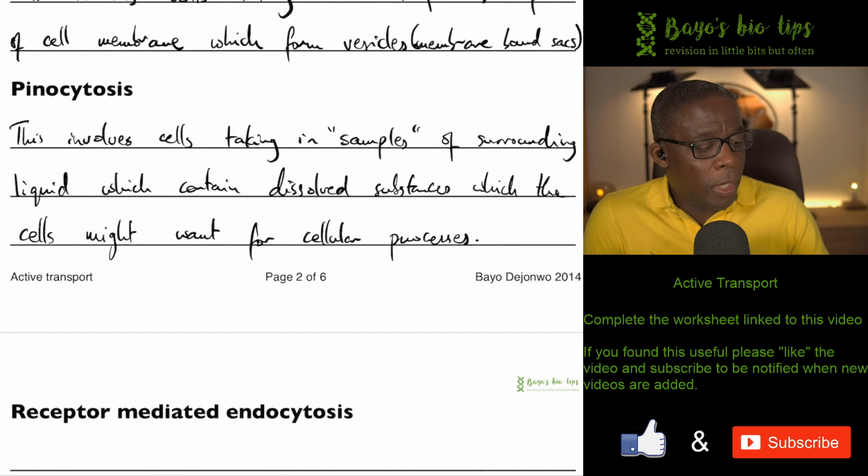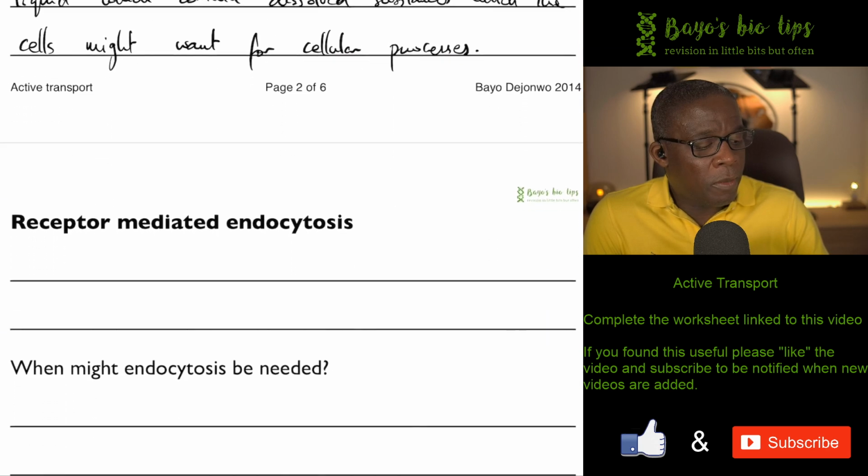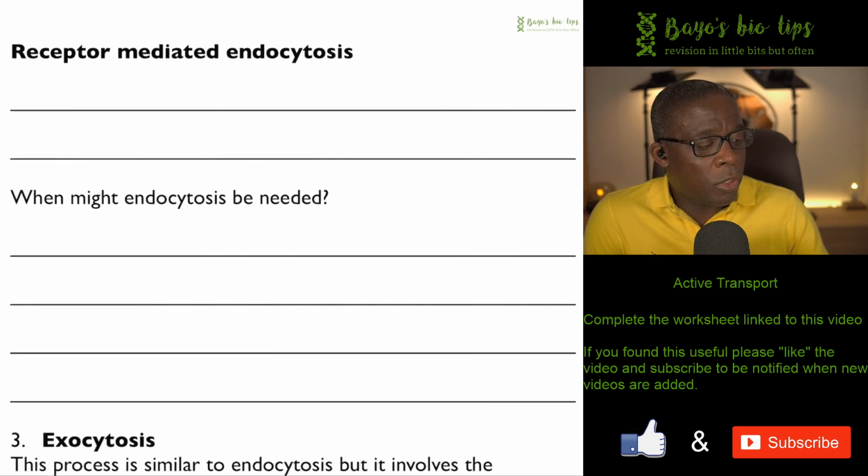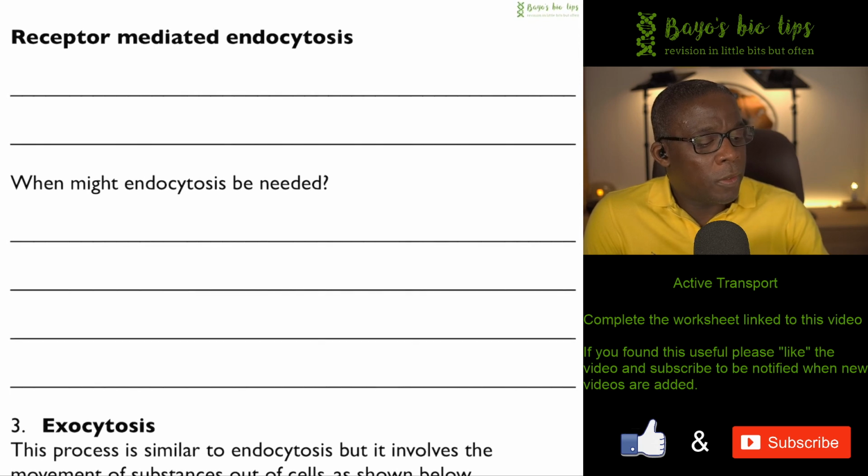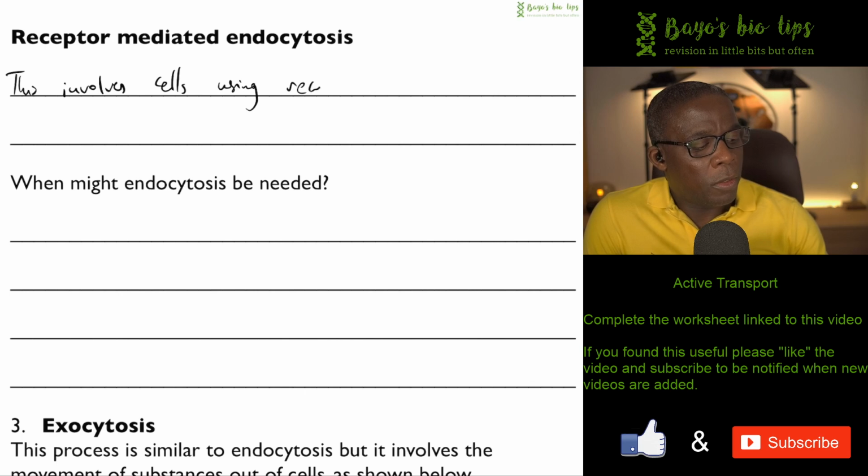Okay, and then finally we have receptor mediated endocytosis, which is a bit more precise. So this involves cells using receptors to take in molecules.